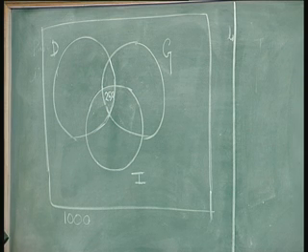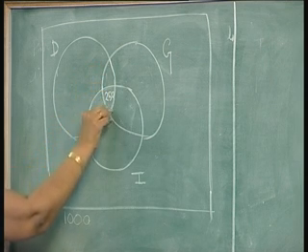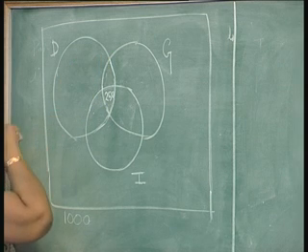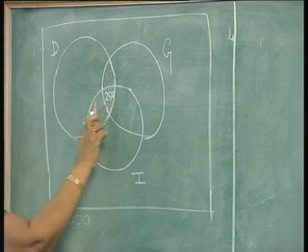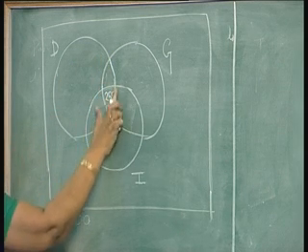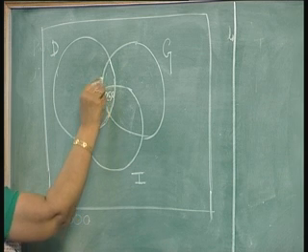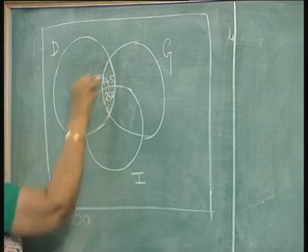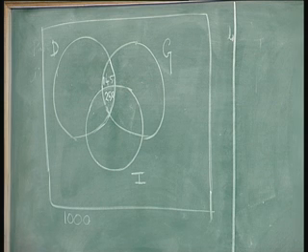395 of them are Democrats who wear glasses. This portion tells you Democrats who wear glasses. There are 395 of them, of which those who like ice cream form 250. So the remaining is 145. Put together it becomes 395.